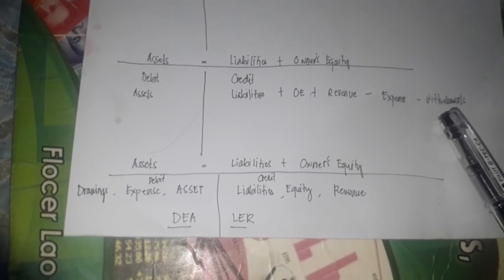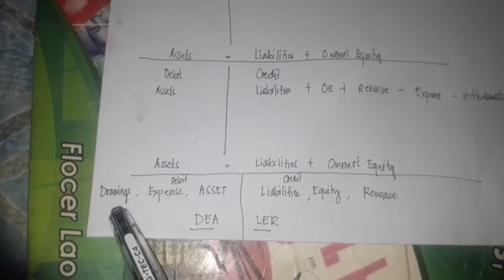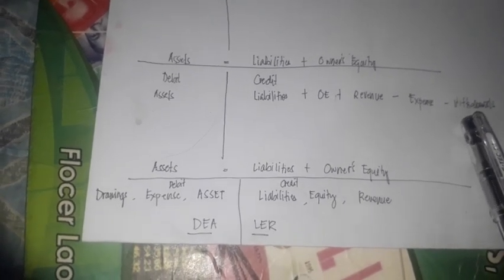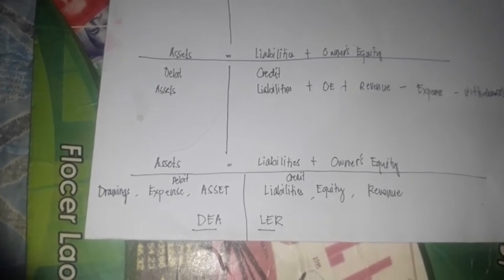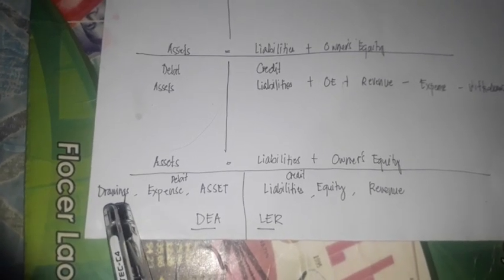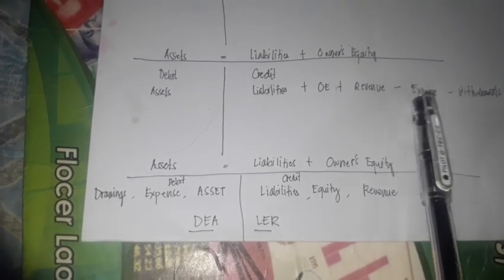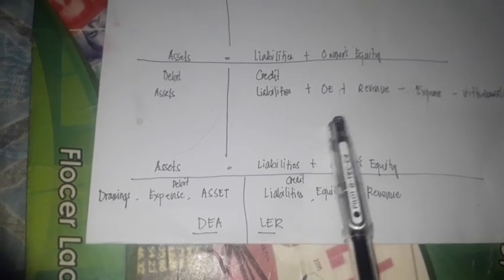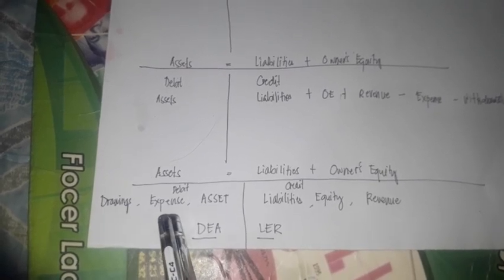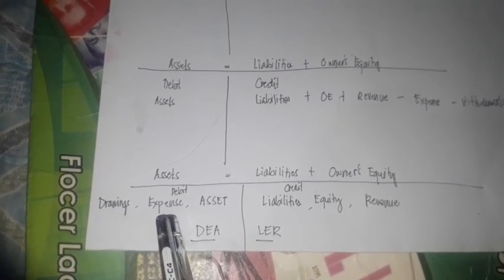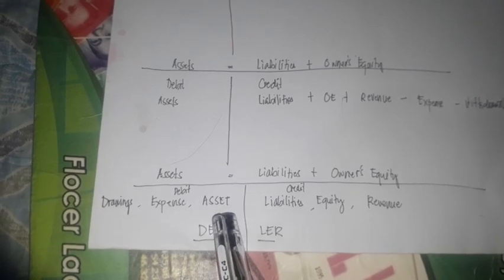So withdrawals, ang other terms natin ay drawings. So negative siya dito. So ita-transfer natin siya sa ating accounting equation sa assets. So positive drawings. So next, ang negative na expense, ita-transfer natin siya sa assets. So which is expense. So nandiyan na siya sa debit side and then our assets.